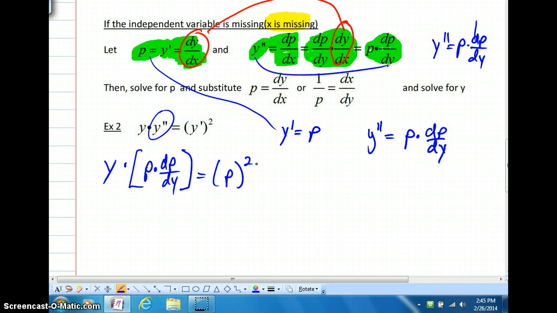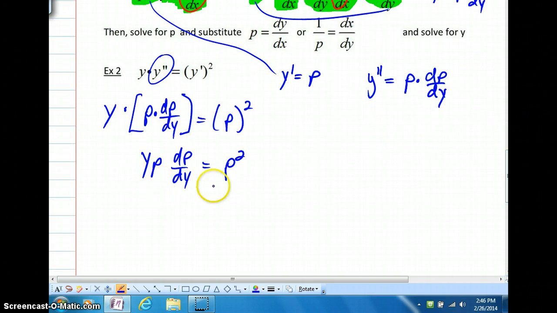What you have now is a brand new differential equation. Most importantly, the highest order derivative is a first order. You no longer have a second derivative in the problem at all. We've got y p dp dy equals p squared. You could divide both sides by p if you'd like. But ultimately, I hope you're seeing this is really separable.